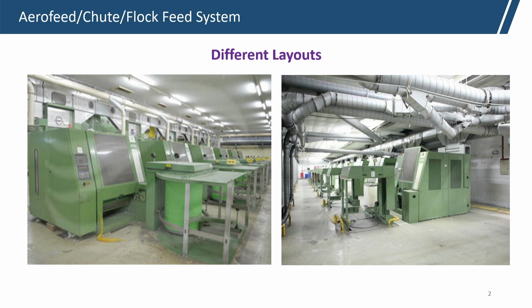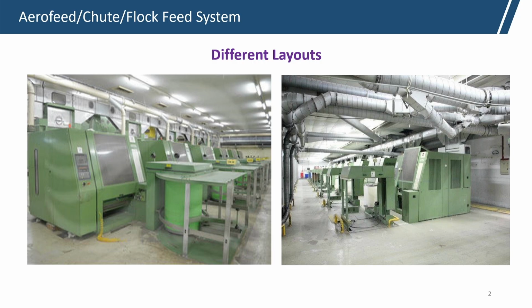What is the chute feed system? Basically, in the blow room, in earlier days we used to carry the lap and feed it to the carding machine. Nowadays, the lap system is not there.